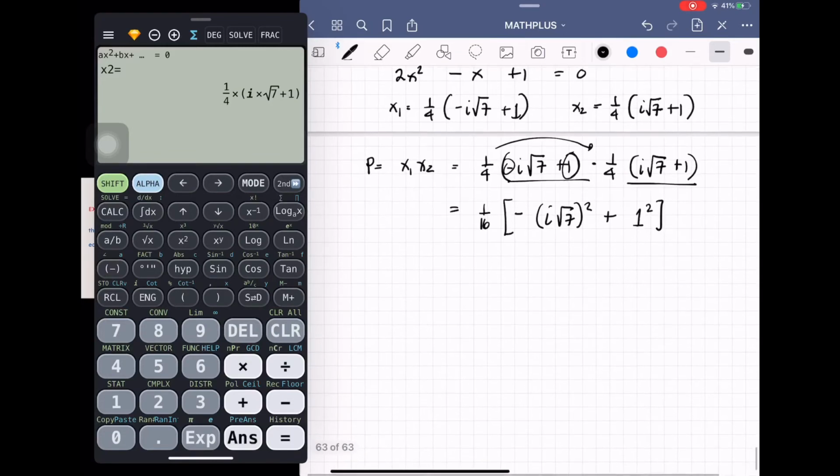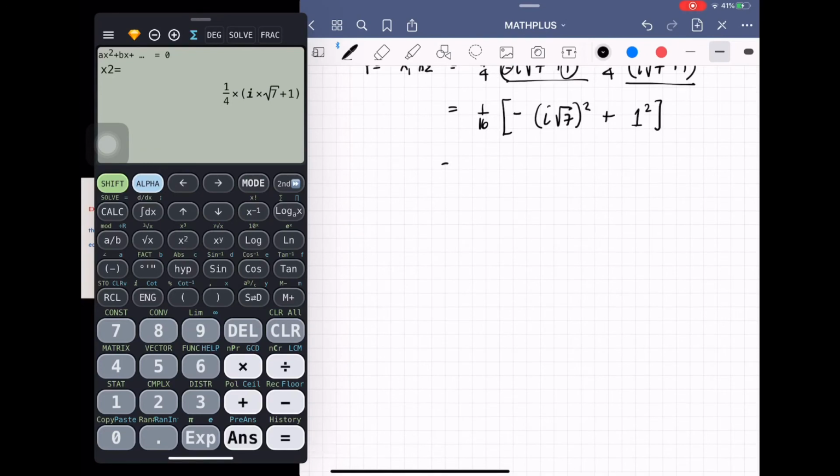Simplifying that, that will result to 1 over 16 multiplied to the negative of, i squared is equivalent to negative 1. So that's negative square root of 7. But square root of 7, if squared, that's positive, that's simply 7. So negative 7. Why is i squared equal to negative 1?